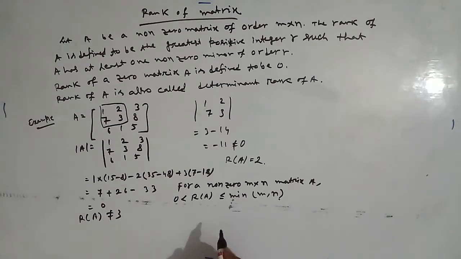If it is a square matrix, that is an n by n matrix, then the rank of A is less than n or equal to n, according as A is singular or non-singular.